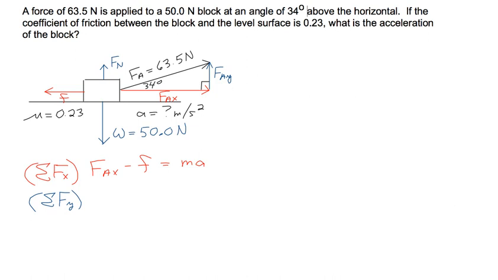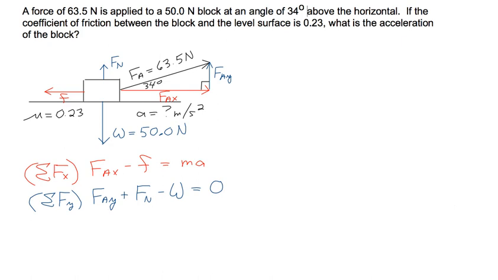I'm going to put it in this order, just so that I have my components first. FAY plus FN minus W equals 0. And again, they still equal MA. These three together are the F in the formula F equals MA. But there is no A in the vertical direction. That's why we can write it as 0. These together are the force in Newton's second law. So there are your descriptive equations.